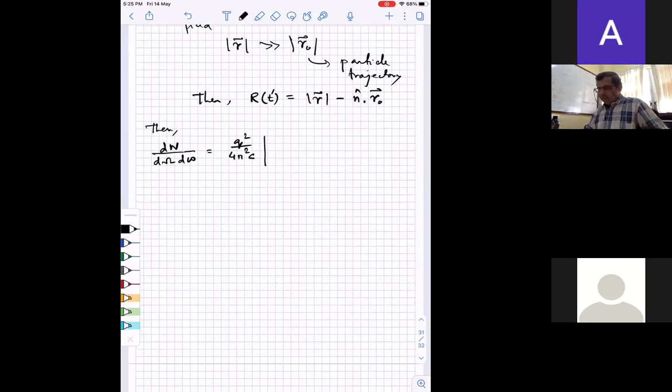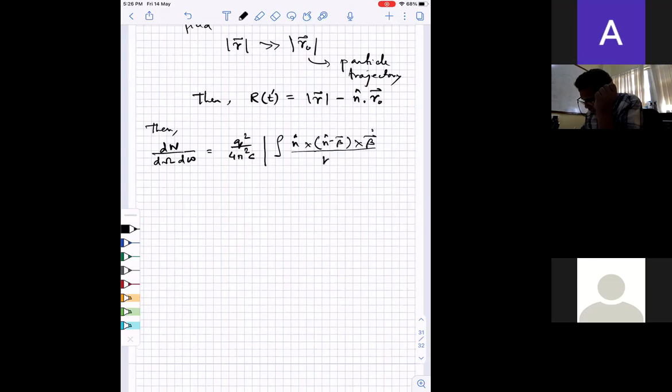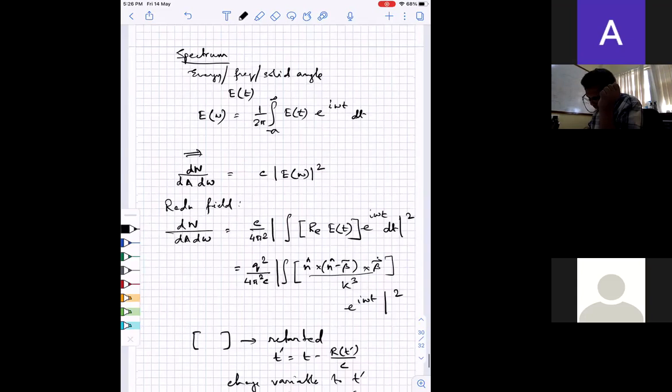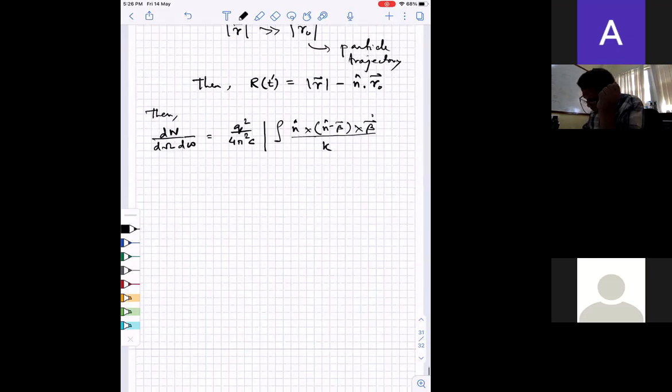It's a big expression, I'm sorry about that, but then we have an integral of n cap cross n cap minus beta cross beta dot over kappa. One kappa goes over here, so it's kappa squared, then exponential of i omega. Now this square bracket no more means retarded time, because we are already putting in the retarded time.